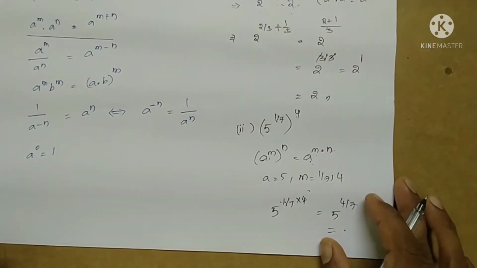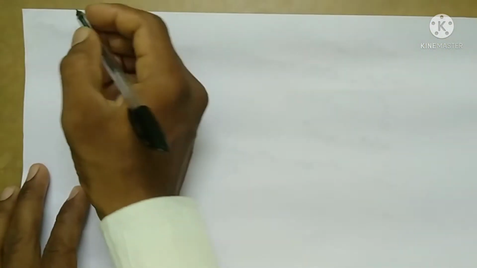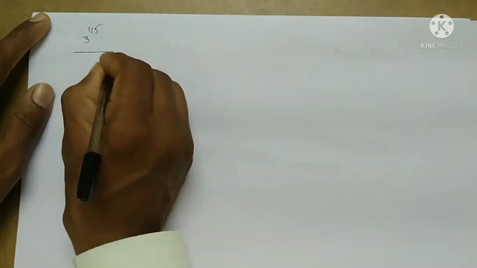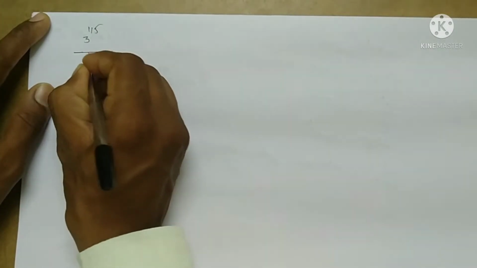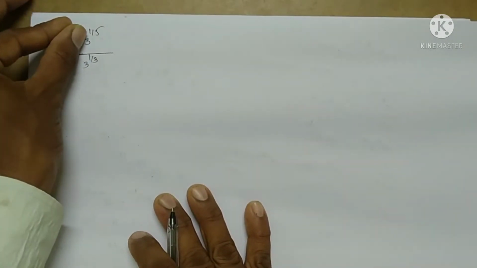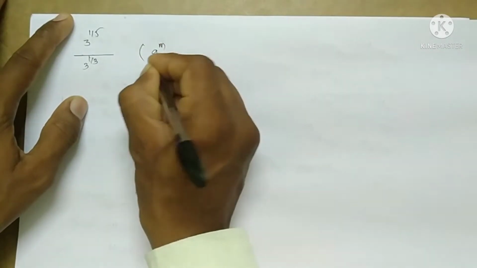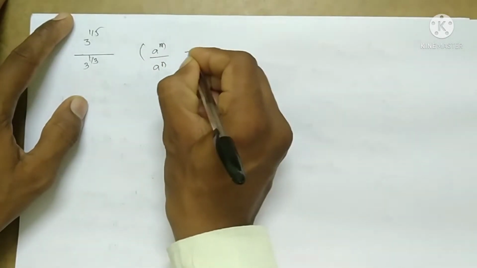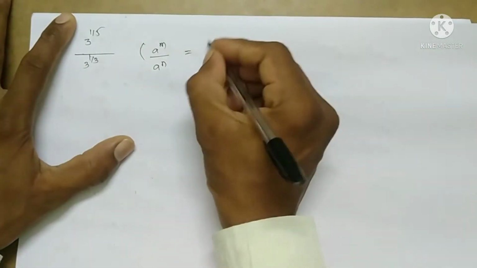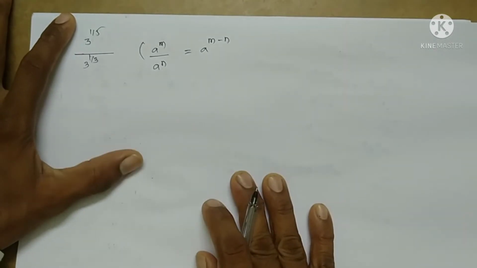Next question: 3^(1/5) / 3^(1/3). It is of the form a^m / a^n, which is equal to a^(m−n).